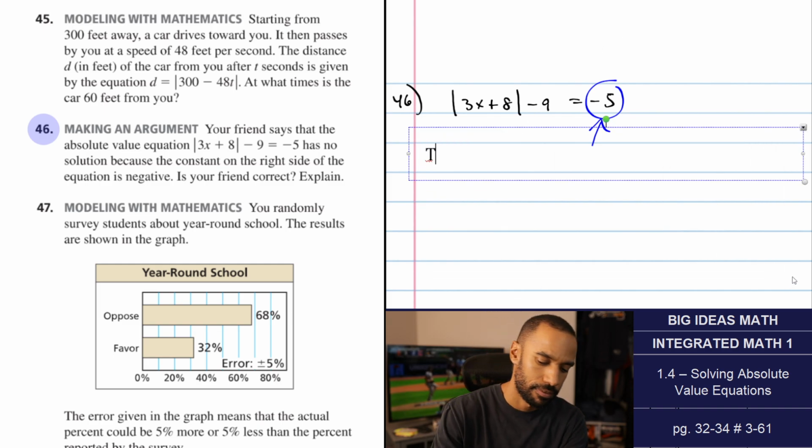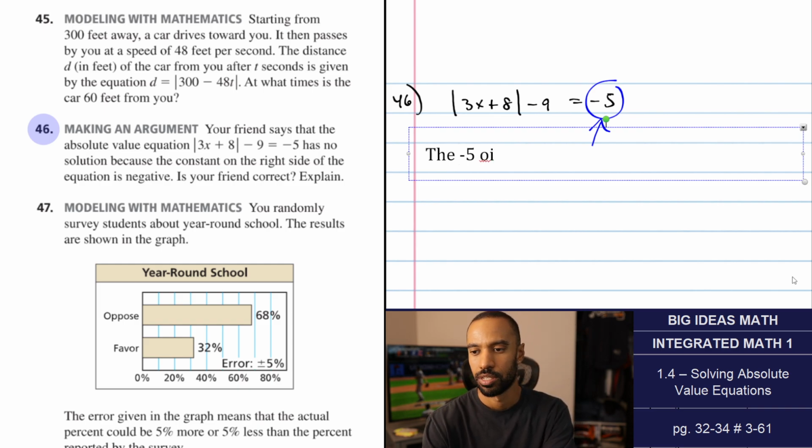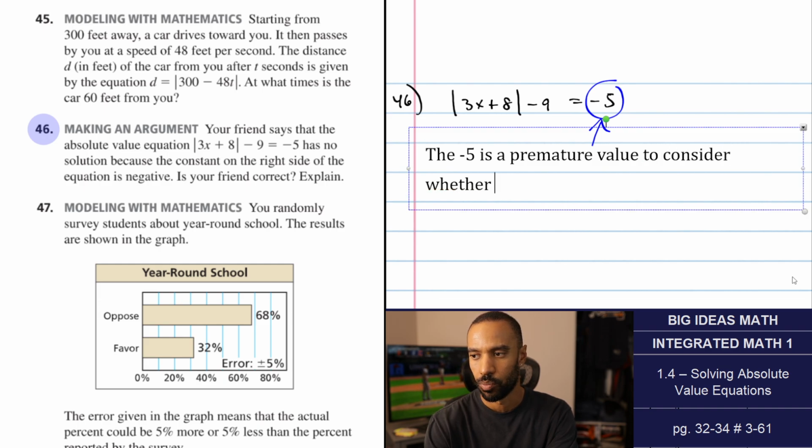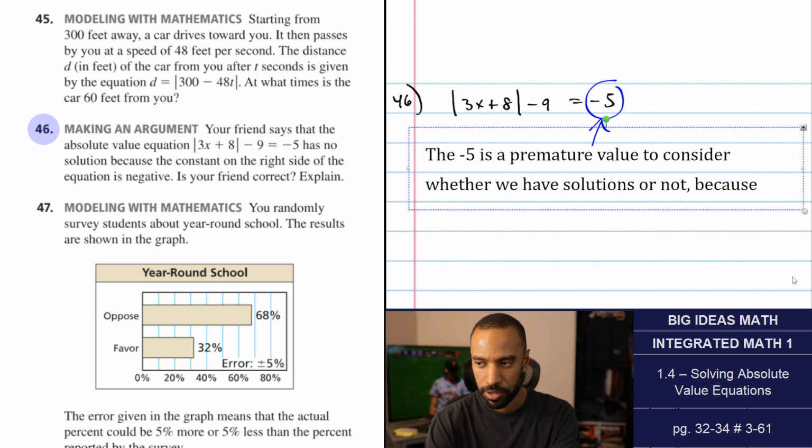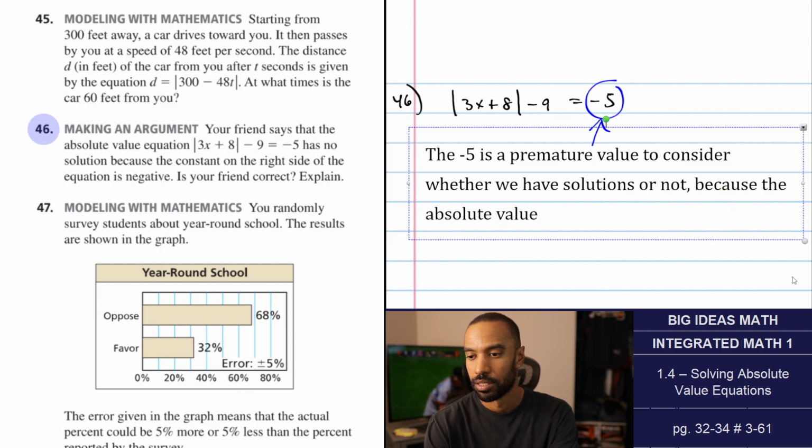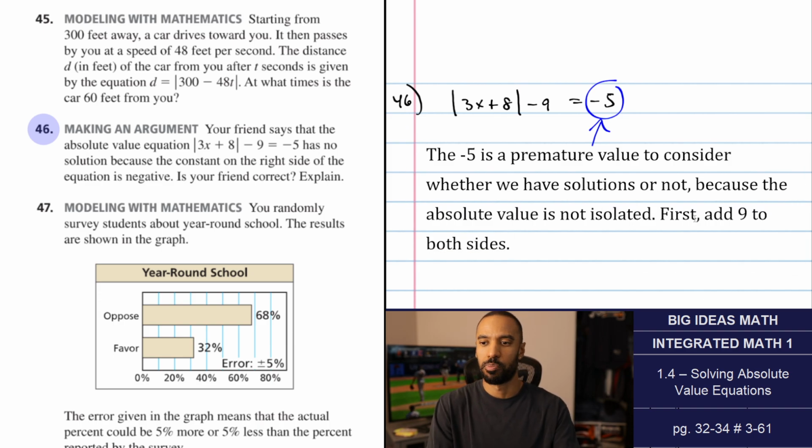The -5 is a premature value to consider whether we have solutions or not, because the absolute value is not isolated. First, add 9 to both sides. Why do we have to add 9 to both sides? Because there's a -9 outside of this absolute value right here.